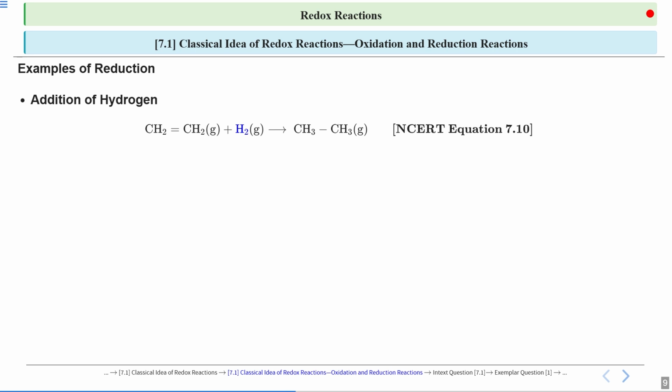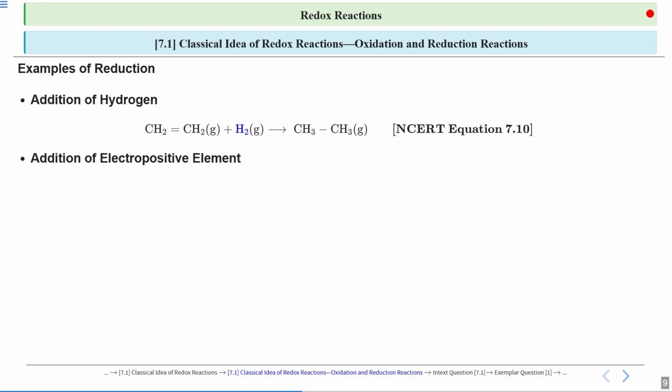If you look at the reaction in which ethene reacts with hydrogen, it leads to the formation of ethane, that means CH3, CH3. So here you will find that hydrogen is being added to both the carbons. And this addition of hydrogen is directly related to the reduction reaction.